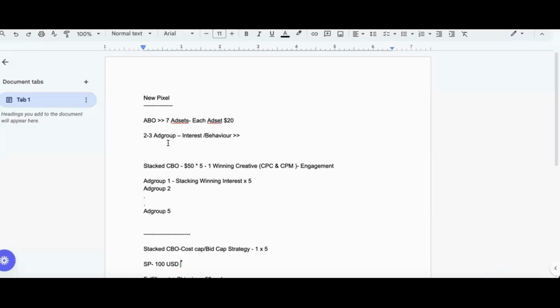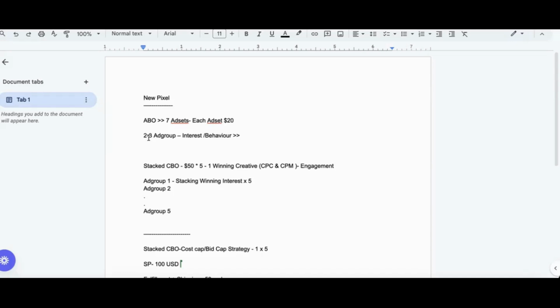So at the ad group level, now this is the biggest trick. If you want to win the auction, you should identify the winning interest and behavior. So in the seven ad sets, in let's say two ad sets, I'll target based on the product name.